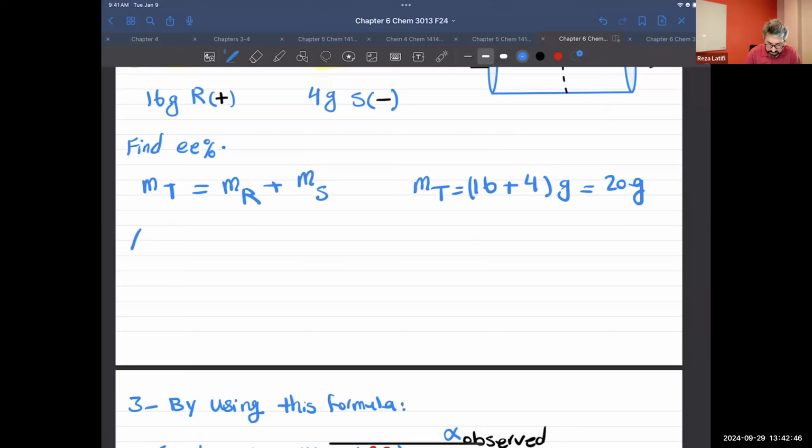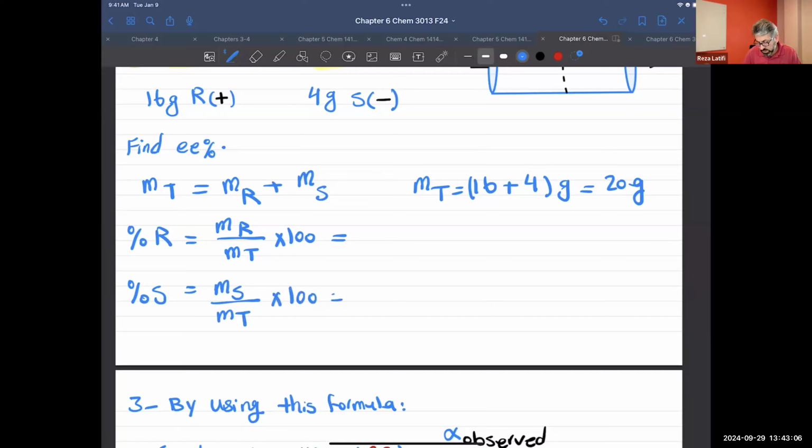Now, let's calculate the percentage of R and S enantiomers. That's going to be the mass of R divided by the total mass multiplied by 100. Repeat this one for S. You go mass of S divided by the total mass multiplied by 100. So I have 16 for R divided by 20 multiplied by 100.